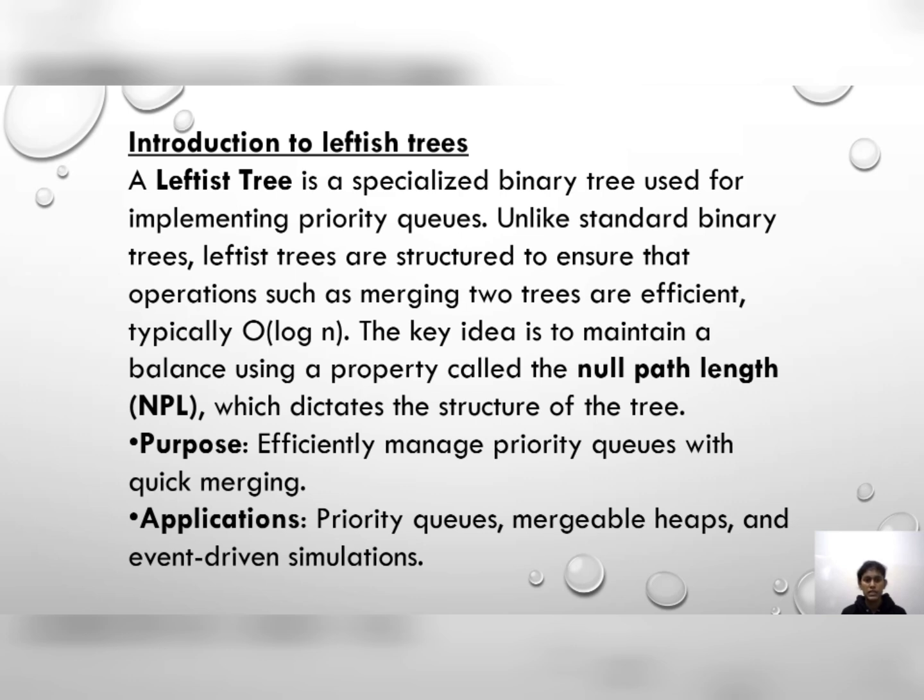The key idea is to maintain balance using a property called null path length, which dictates the structure of the tree. Purpose: efficiently manages priority queues with quick merging. Applications: priority queues, mergeable heaps, event driven simulations.